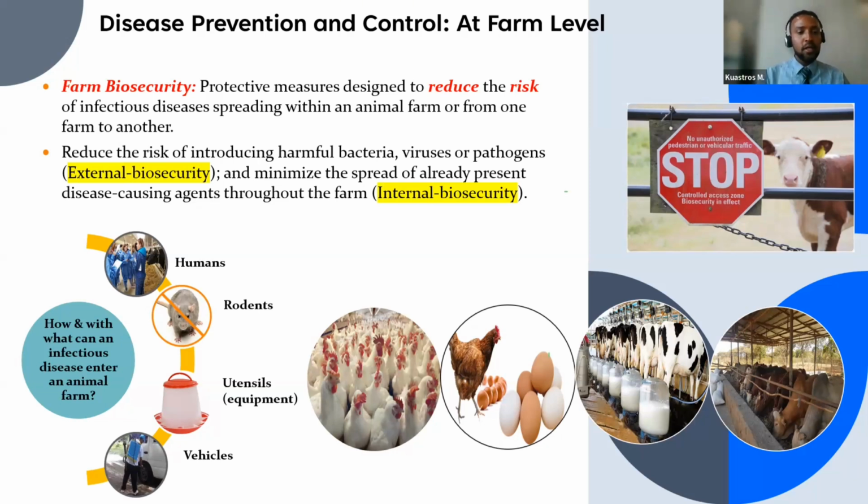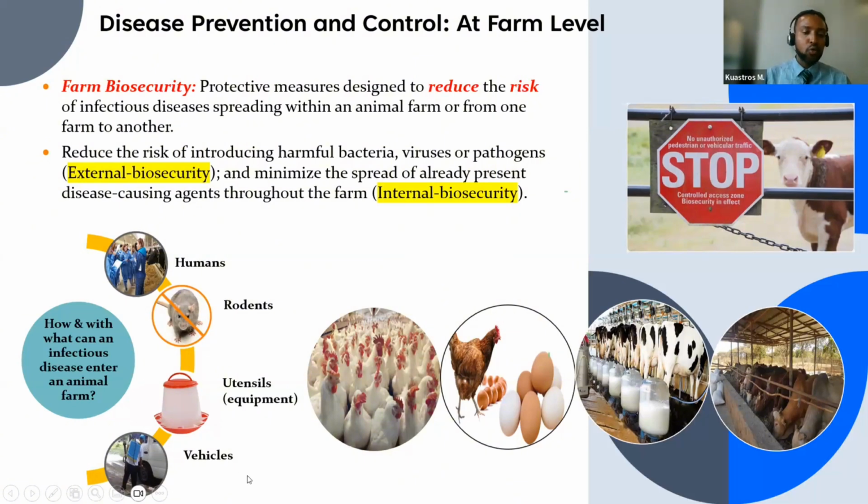For this, there are so many things that can be done, as we can see from the picture on the left side. Infection can enter or leave an infected farm to another by different means. It could be through humans, through rodents, or through equipment used at the farm, if there is no good biosecurity.